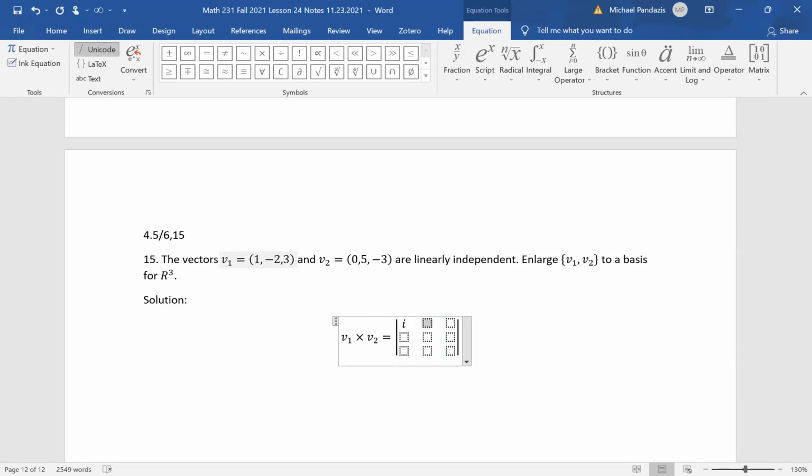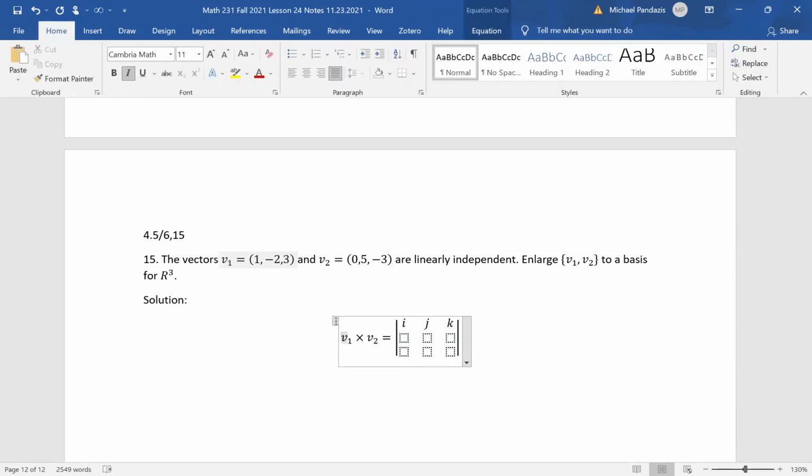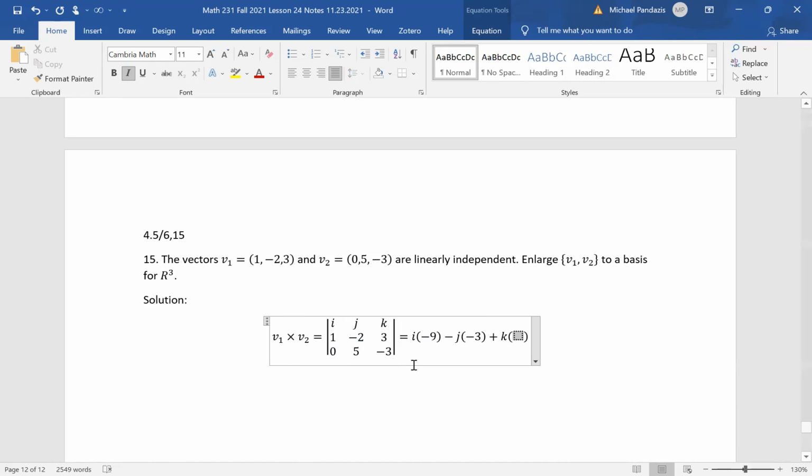So you find v1 cross v2, and you do that with i, j, k in the first column. v1 is in this column, 1, negative 2, 3, and then this is 0, 5, negative 3. You find the determinant: it's i times 6 minus 15, which is negative 9, then minus j times the determinant of the corresponding submatrix, which gives negative 3, plus k times the determinant of the corresponding submatrix, which is 5.